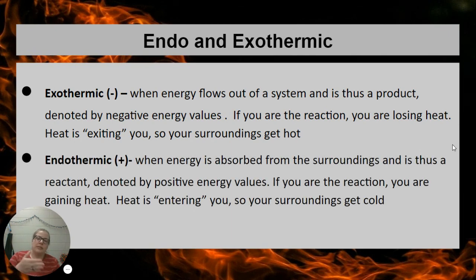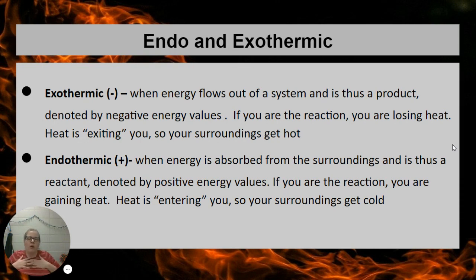On the opposite side of things, you have endothermic processes. Now, endothermic processes are where if I am the chemical reaction, I am taking in energy, or like I like to say, heat is entering me. So endo is enter, exo is exit.